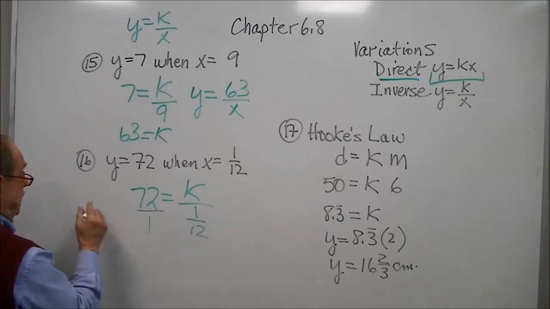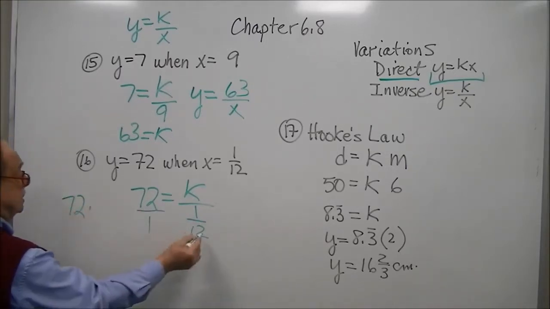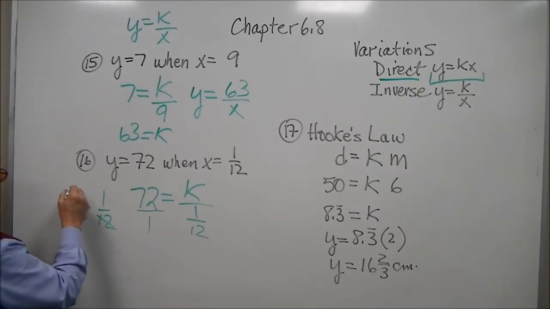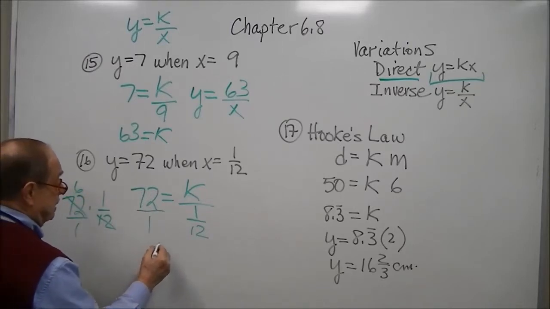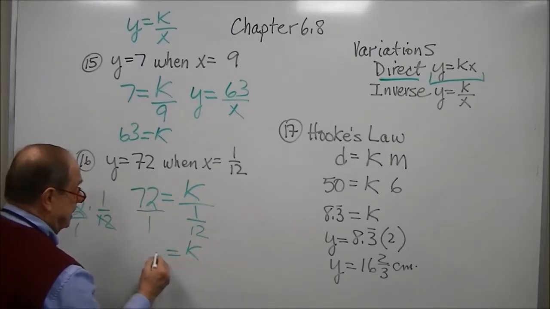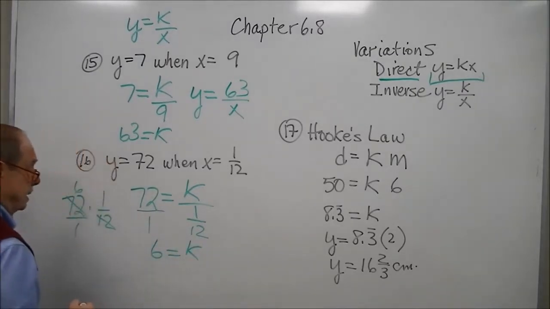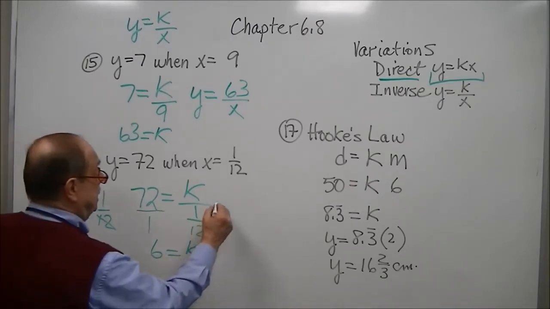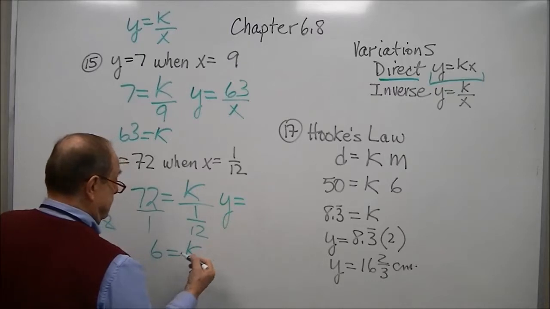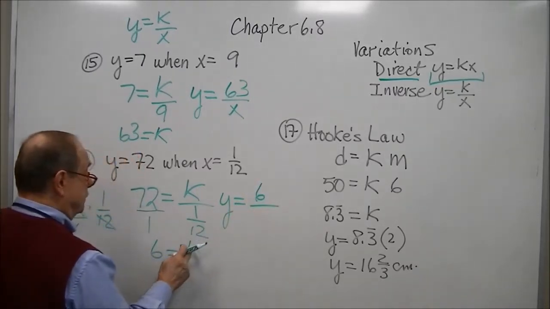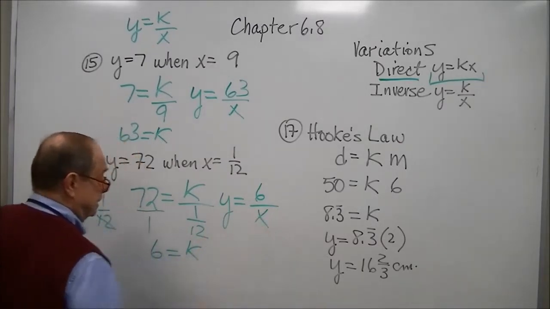We're going to multiply 72 times 1/12. There we go. So actually 12 is going to go into there 6 times. So we find then that k is 6. So our formula of inverse variation here will be y equals, we know that k is now 6, over x.